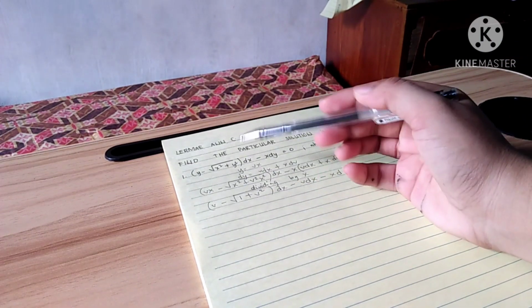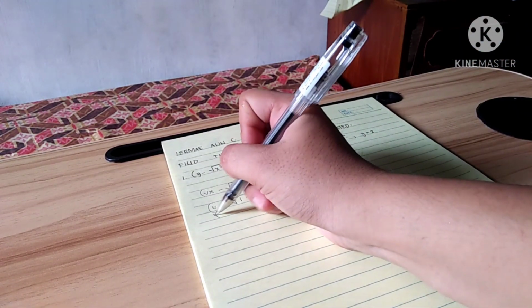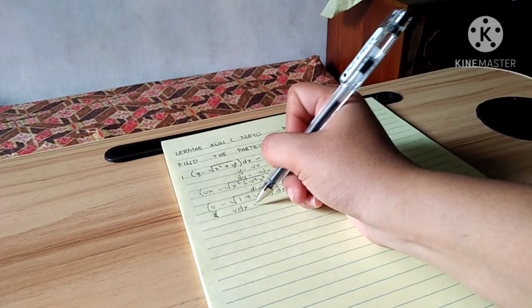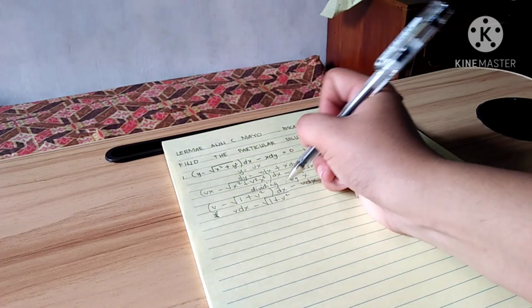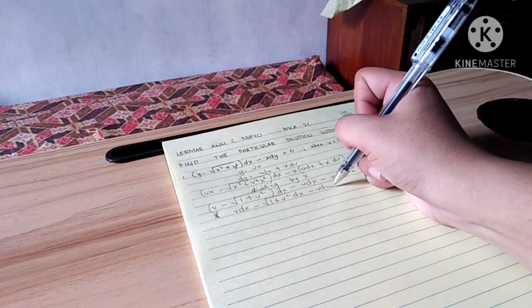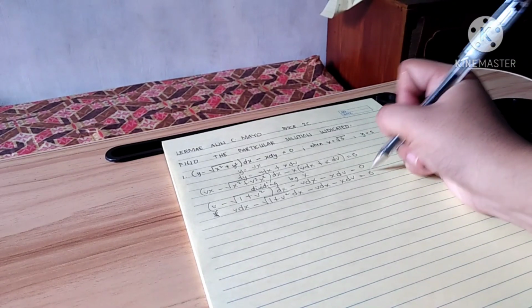Distributing this term by dx, we have v dx minus the square root of 1 plus v squared dx, then copy what remains, negative v dx minus x dv is equal to 0.